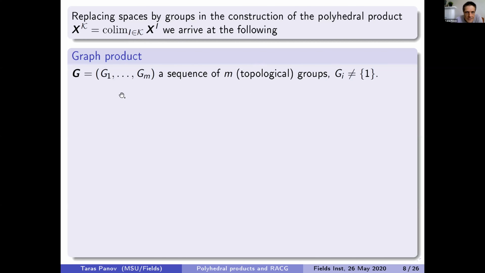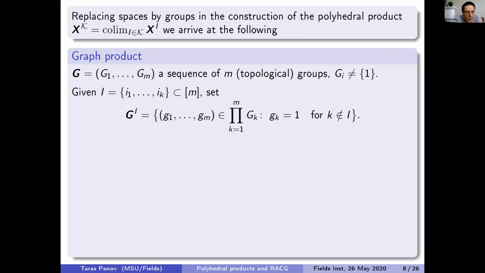So you start with a sequence of groups. They can be topological groups or just discrete groups, whatever. For some reasons, it's better to assume they are non-trivial. That will save some space later, so you don't have to put these assumptions into later statements. So a sequence of non-trivial topological groups or non-trivial groups. And then again, for an arbitrary subset, you can form a subproduct in the M-fold product of those groups.